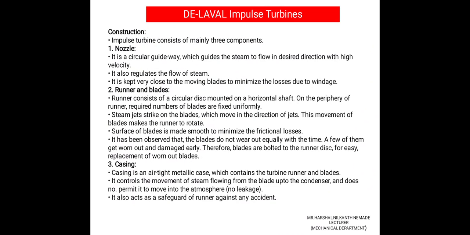Third is casing. Casing is the airtight metallic case which contains the turbine, runner and blades. It controls the movement of the steam flow from the blade up to the condenser and does not permit it to move to the atmosphere, so no leakage. It also acts as a safeguard of the runner against any accident.